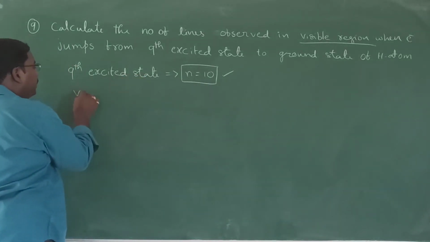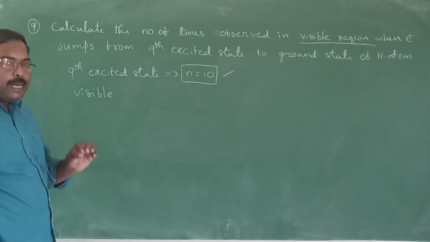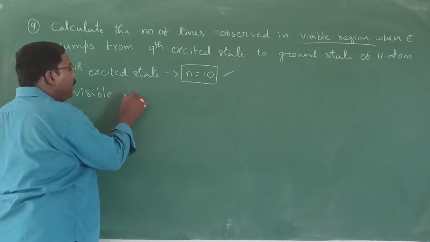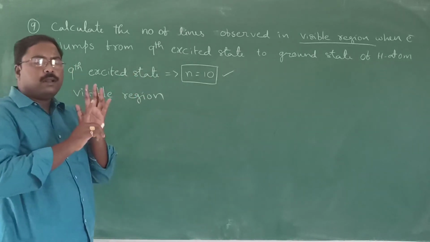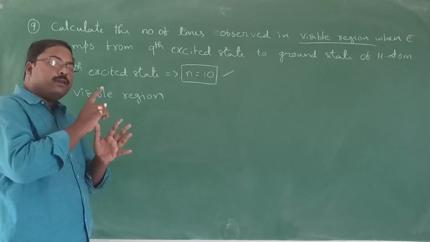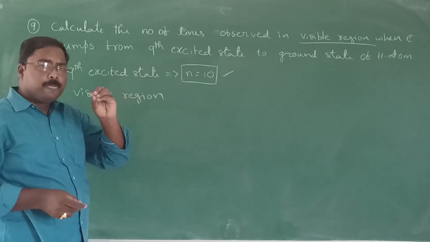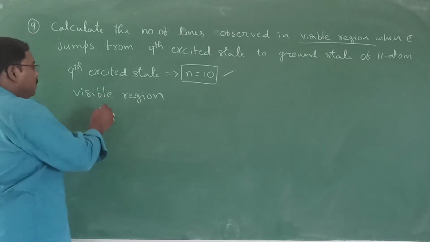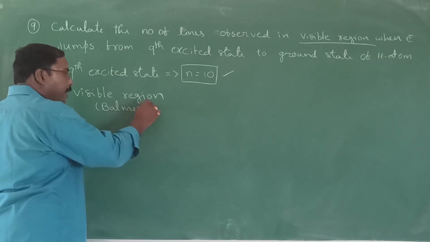We have to find the number of spectral lines in visible region. As we all know, Lyman series is observed in ultraviolet region. Balmer series of lights are observed in visible region. So visible region is nothing but Balmer series of lines.